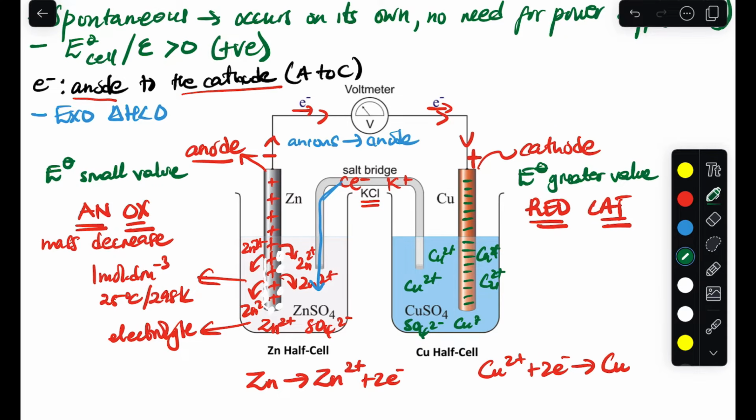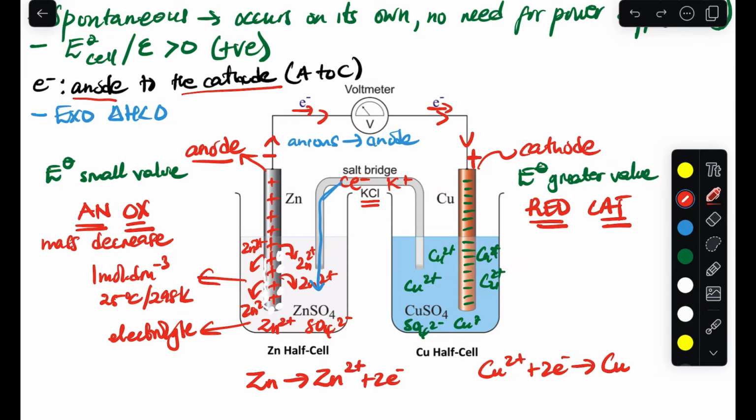So what is going to happen then? These copper ions, since the copper electrode became negatively charged and the ions are positive, will be attracted there.